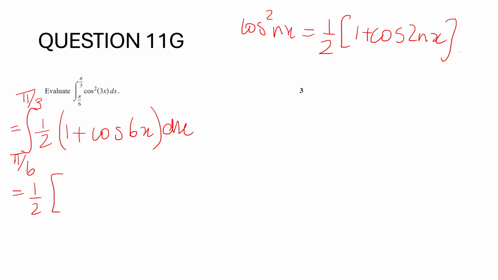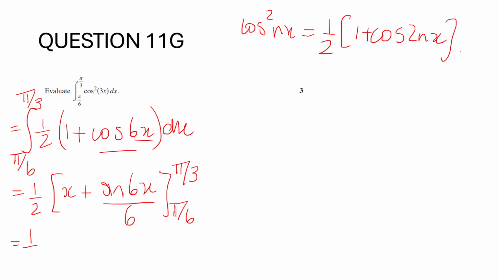integrating x plus, we have a reverse chain rule here, outside function is cos, that becomes sine 6x, divided by the derivative of the inside function, which is 6, in between pi on 6 and pi on 3 equals a half. Substituting in pi on 3 plus sine 2 pi over 6, that's 0.